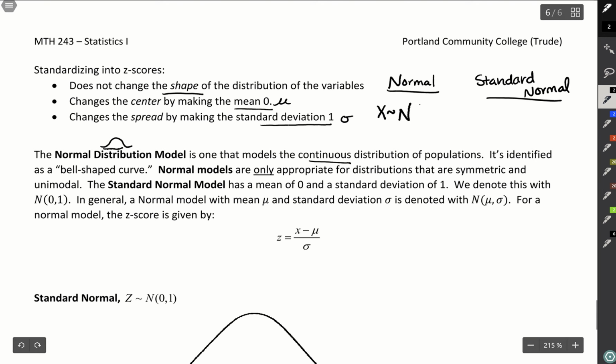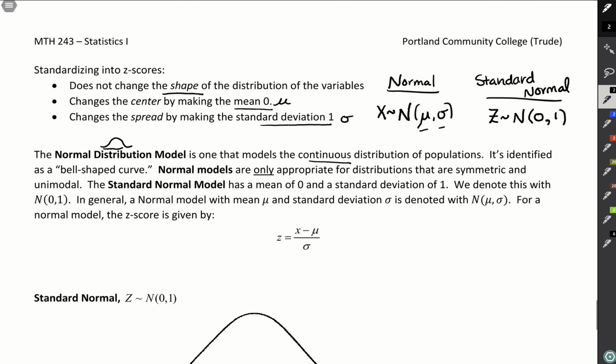We have a normal curve defined by some mean, some standard deviation. We would need to be told from the wording of the question what that mean and standard deviation is. If we see standard normal, that's a distribution of z-scores. It always relates to z-scores. And with that, we have a normal distribution with a mean of 0, standard deviation of 1. Every single time we want to work with z-scores, that's our distribution.